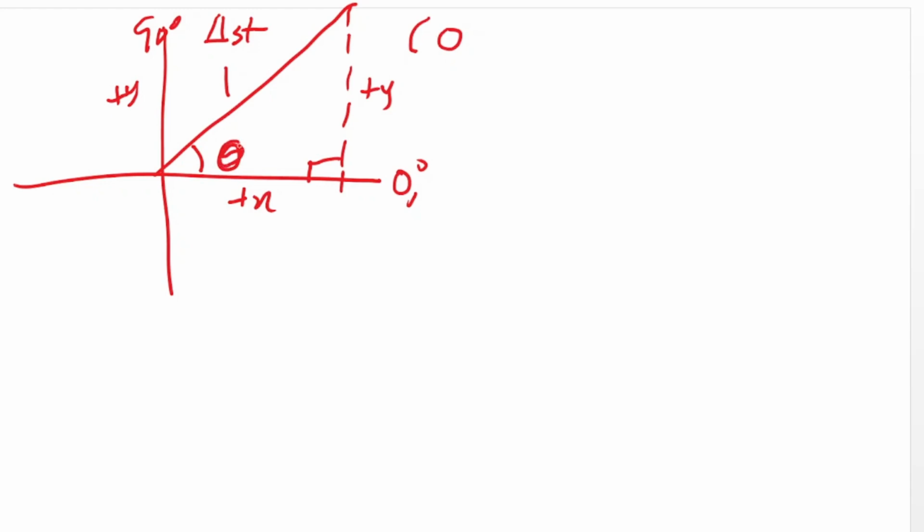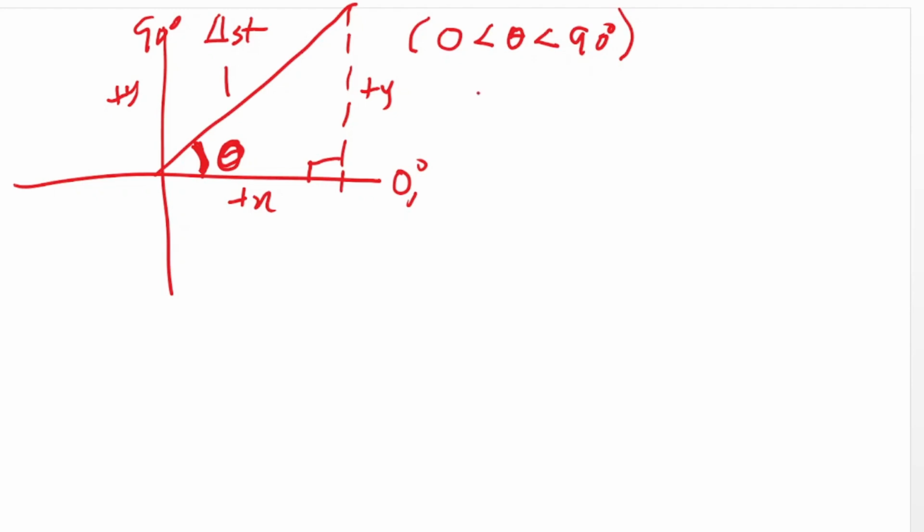This is the theta we have here. Then this theta is less than what? 90 degrees, because the theta we are looking at is not up to 90 degrees. So 0 is less than theta, then theta is less than 90 degrees. That's the condition there.